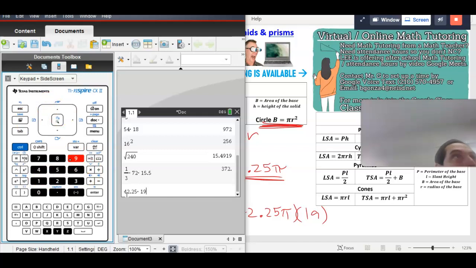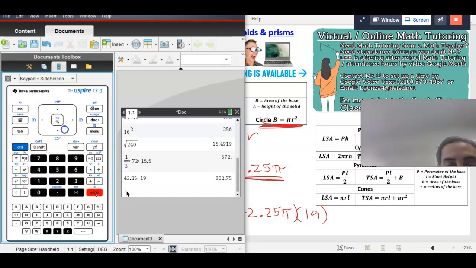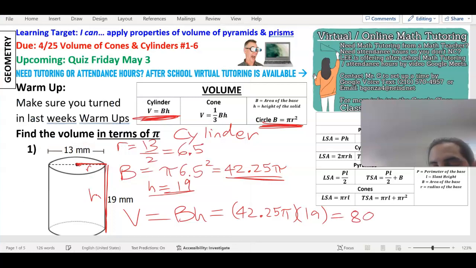Don't put the pi in there. And you get 802.75. You got to write the pi symbol because you didn't multiply it. And then your units of measure are millimeters what for volume? Cubed with a 3 on it. Cool?